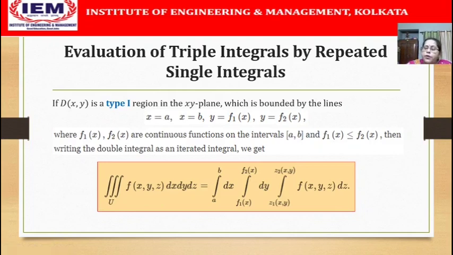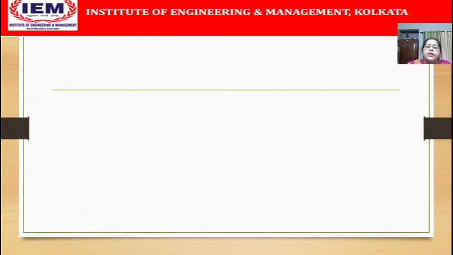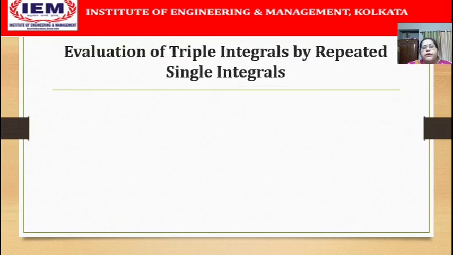Now, if our D(xy) is of type 2 region, then let us see the formula.